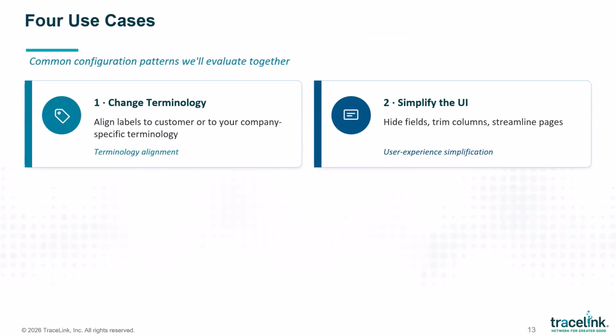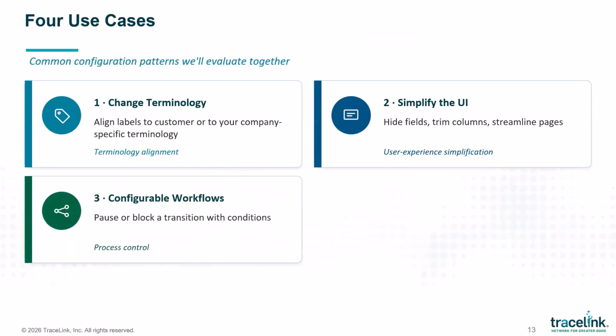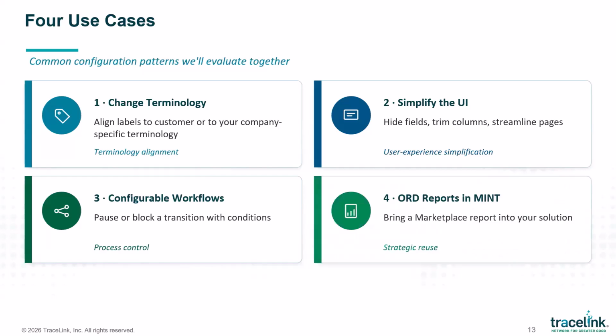That's user experience simplification. Use case 3 is configurable workflows, pausing or blocking a transition using conditions. That's process control. And use case 4 is bringing ORD reports into Mint, reusing a marketplace report inside your solution. That's strategic reuse.